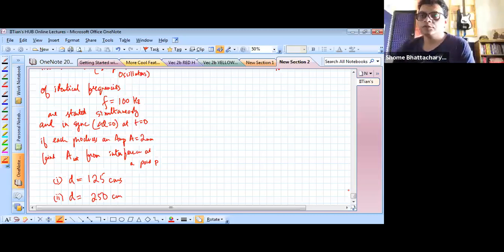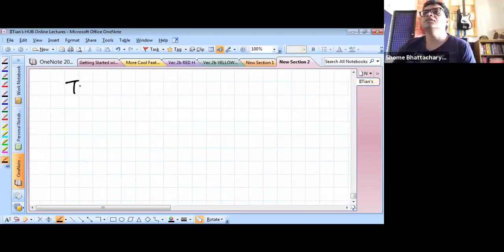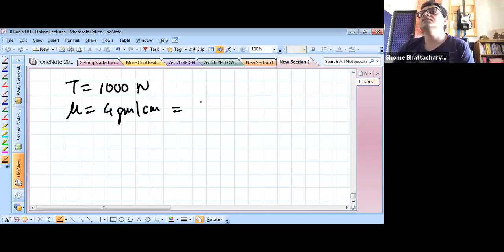Okay, so let's interpret the question now. What's happening here is tension was given to us as 1000 newtons. Linear mass density was given to us as 4 grams per centimeter, which when you convert becomes 0.4 kilograms per meter.